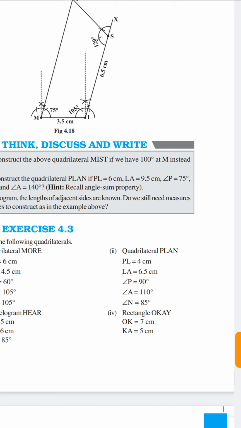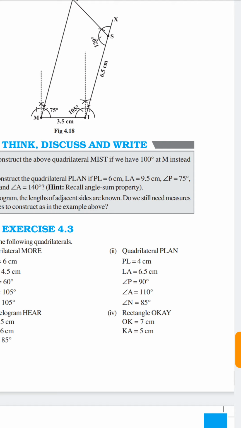Thus we can find angle L. Angle L will be 75 degrees. So PL is the line segment, so draw a line segment PL equal to 4 centimeter. From P draw angle 90 degrees and from L draw angle 75 degrees and measure LA 6.5.